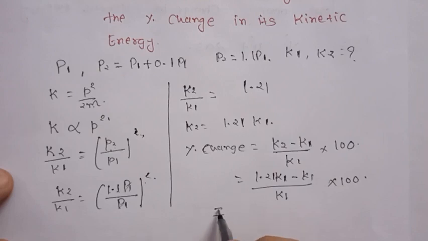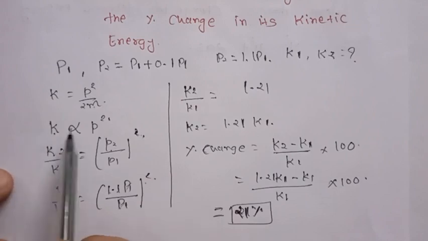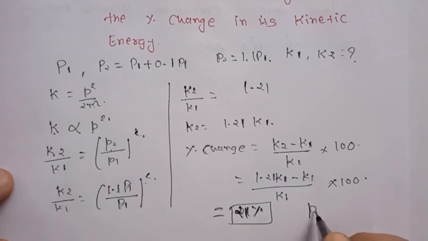So the percentage change will be 21%. Here kinetic energy and linear momentum are directly proportional. So if linear momentum is increased by 10%, then kinetic energy will also be increased by 21%.